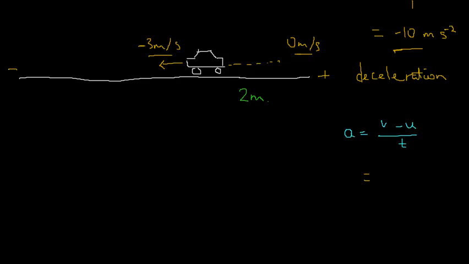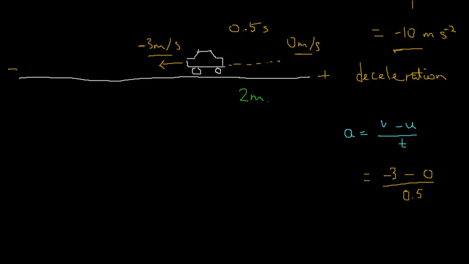Now I'm ready to put these numbers in. Oh, I need a time as well. Suppose that the time taken for this motion is 0.5 seconds. Then if I plug all these numbers into the equation, the final velocity is minus 3 meters per second, minus the initial velocity, which is 0, and the time taken is 0.5.